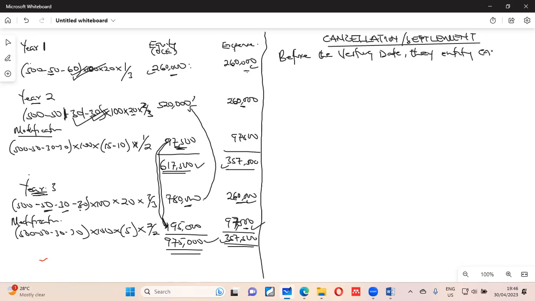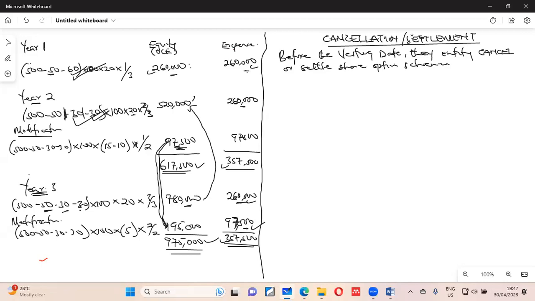May cancel or settle the share-based payment, the share option scheme or share-based payment. All right, they may decide to cancel it. Now, when they cancel it, what do we do as an accountant? What do you do when they've canceled it?